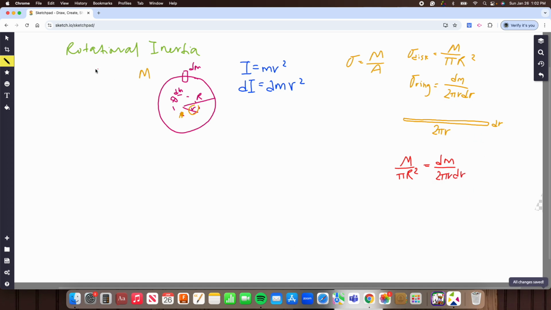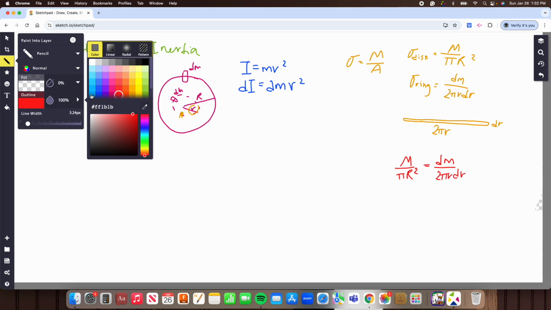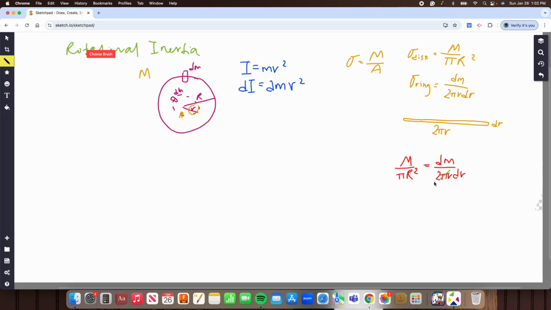So I'm going to do this in a different color. First, I'm going to cancel the pi's. Then I'm going to multiply this entire thing with this side. So I'm going to get dm equals M, and then we multiply this entire thing, so 2r over capital R squared, and then dr. Now that we have this, we can plug dm into this dm.